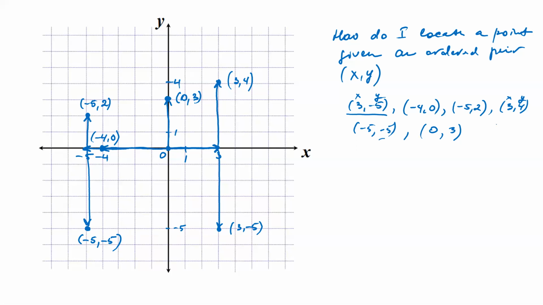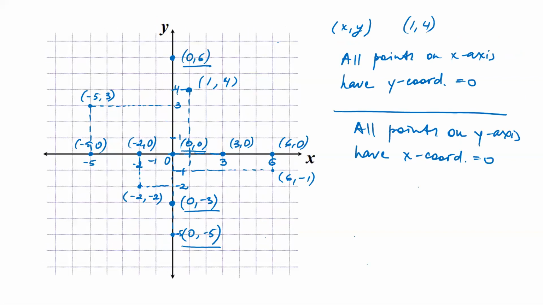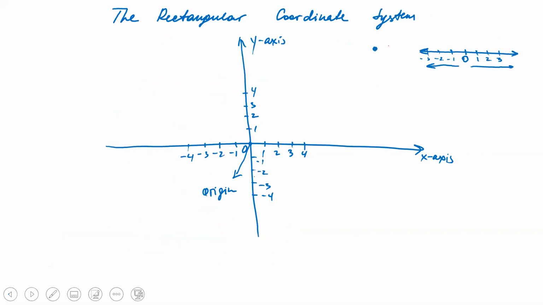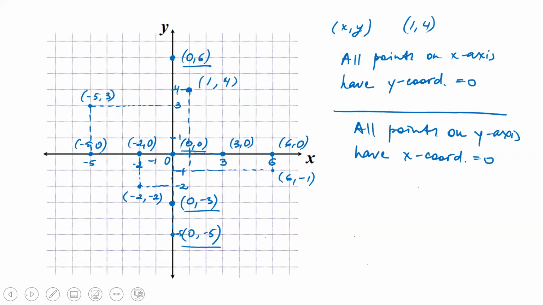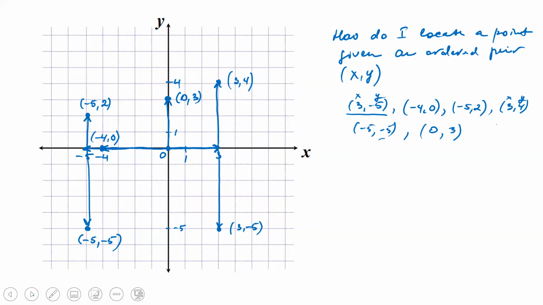Now, what else I would like to add to finish this video is we can see that the x and y axes divide the coordinate plane into 4 quadrants. So we are going to label them. This one is going to be the first one.